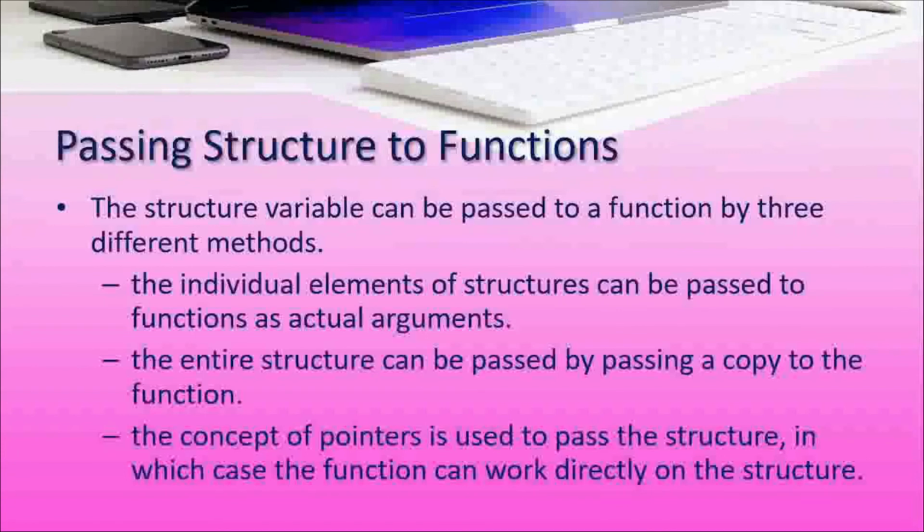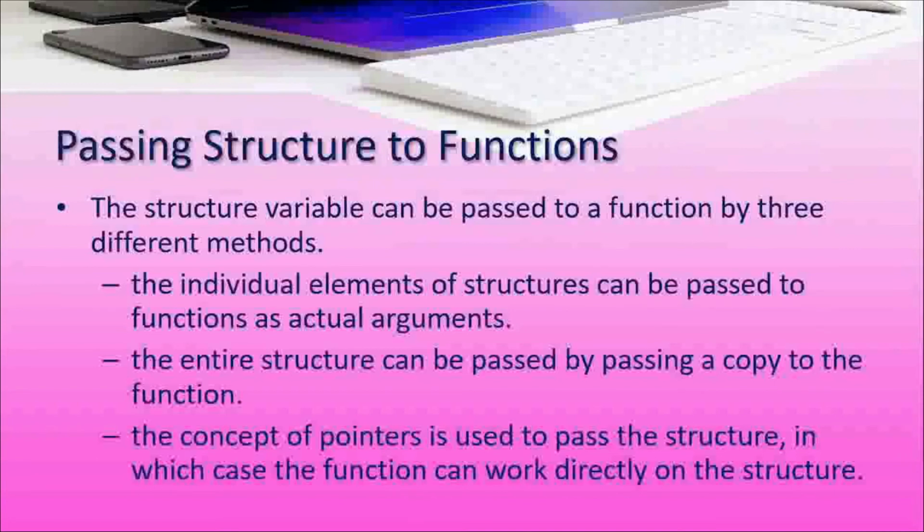One of them is a very elementary method, that is the individual elements of a structure can be passed to the functions as actual arguments. In the case of our student record, student 1 dot roll number is an individual element of that particular structure.